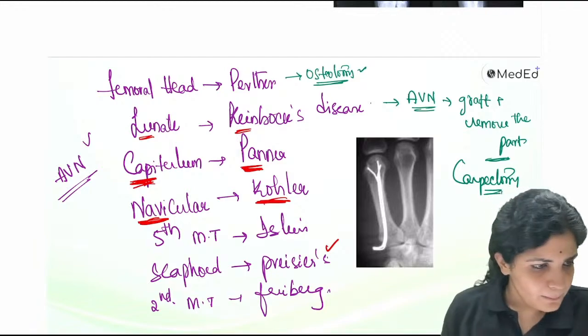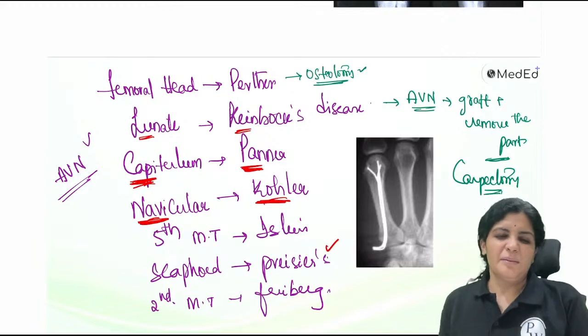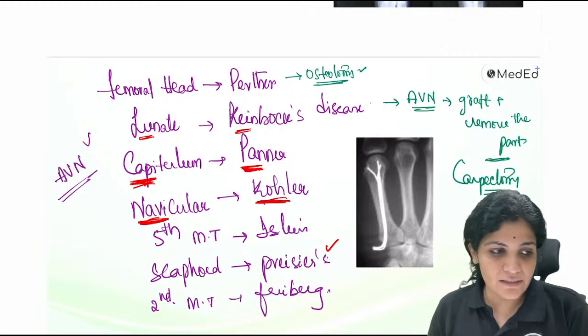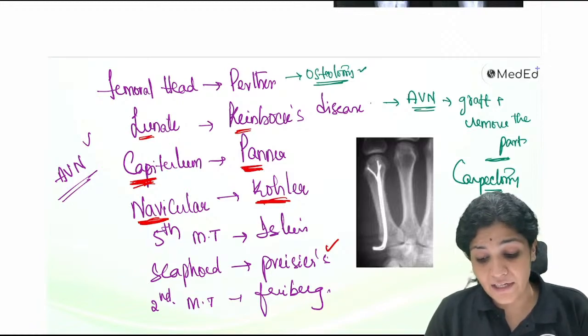Clear? Ma'am, why are female orthopedic surgeons so few? Because it starts right from the branch of trauma.